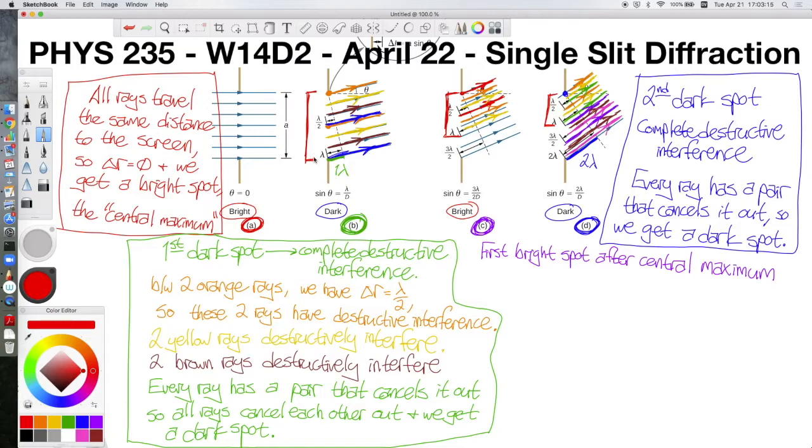But now we go to our next ray and say, well, what about this one here? Well, we could say that cancels out with the ray at the very bottom of the slit. But now, what about this blue ray? What about this purple ray?